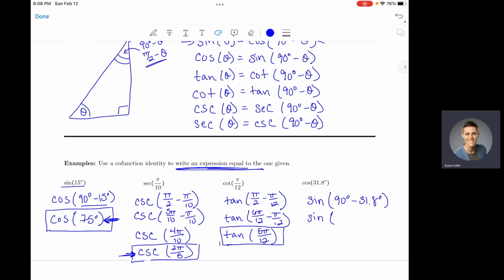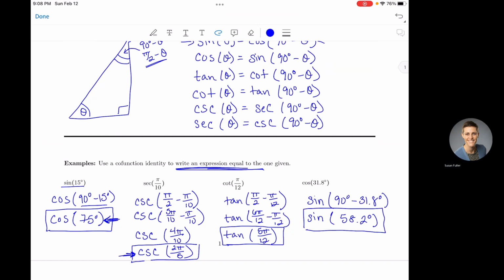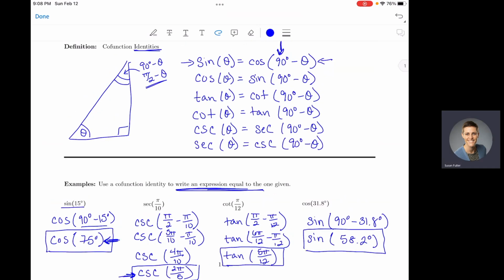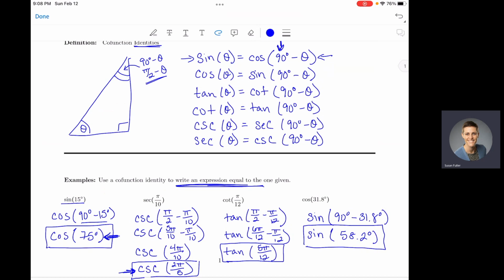When we subtract 31.8 degrees from 90, you get 58.2 degrees. This is the expression that we are looking for. Okay, so again, these are called co-function identities. You're just going to use these for now to rewrite a given expression as an equivalent expression with the other trig function.